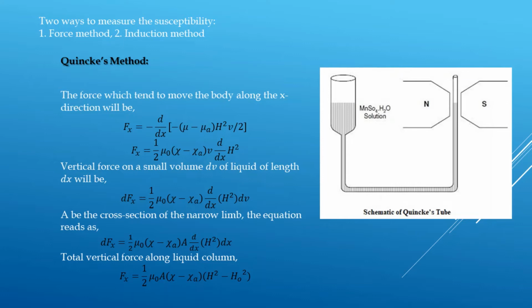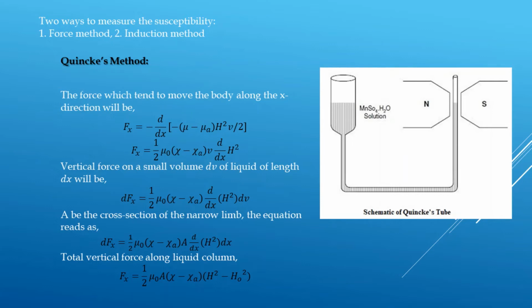H is the magnetic field subjected to the poles, that is the magnetic field H, and H0 is the magnetic field which is weaker, smaller, for the lower part of the capillary narrow limb.